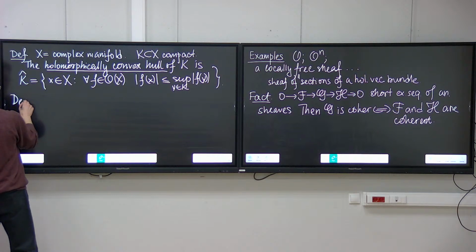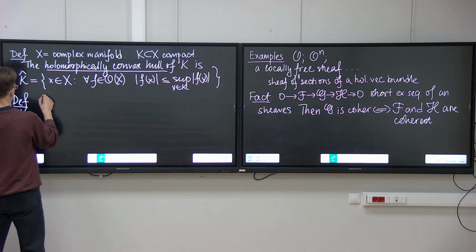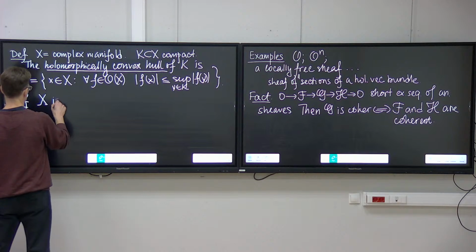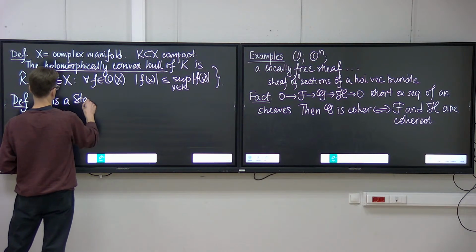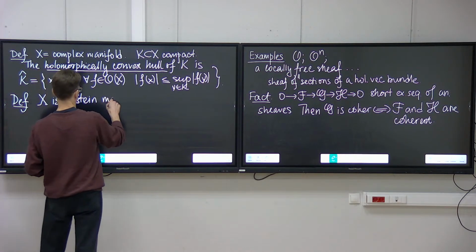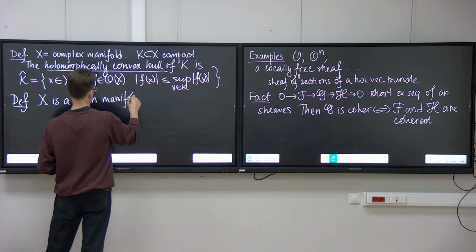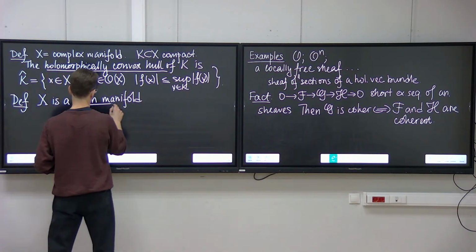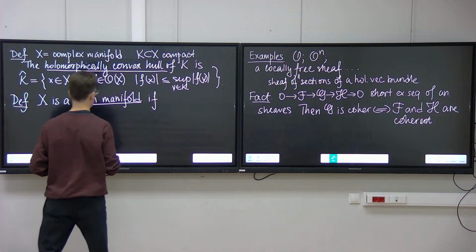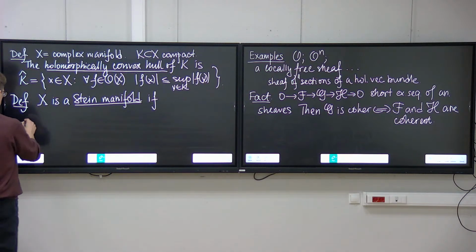We now give the following definition. We say that our complex manifold X is a Stein manifold if it satisfies the following two conditions.